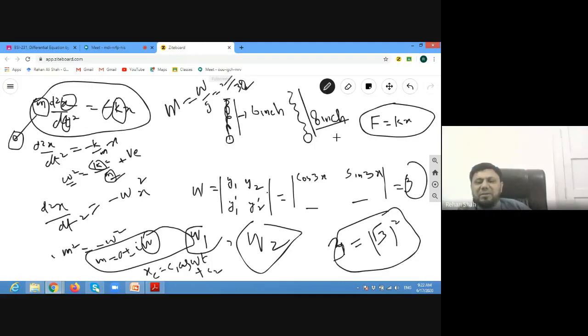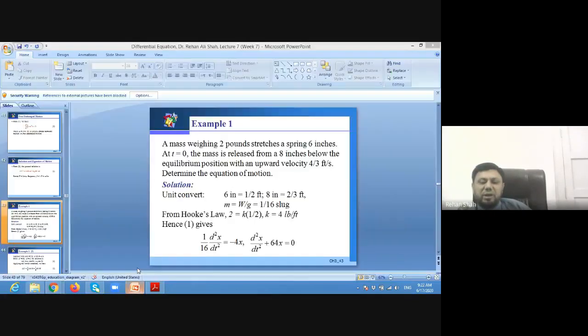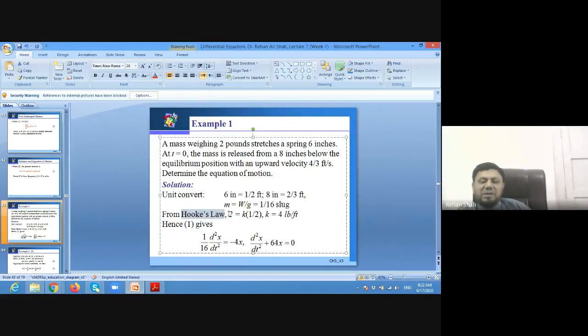According to Hooke's law, what is f? In this case, f is actually weight. So weight is 2, so 2 is equal to k times x. What is x? x is the increase in length. How much has the spring increased? 2 inches. Convert 2 inches into feet, so it becomes 1/2. Or you can do it this way: 2 over 3 feet minus 1 over 2 feet, you will get 1 over 6. Is this clear?